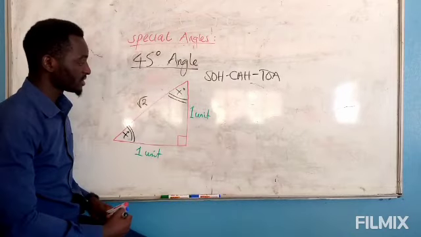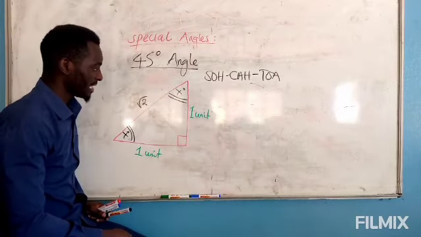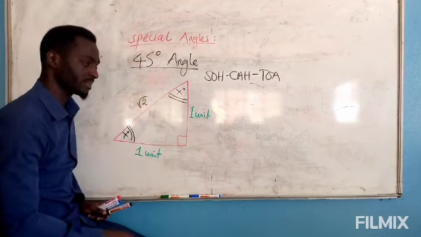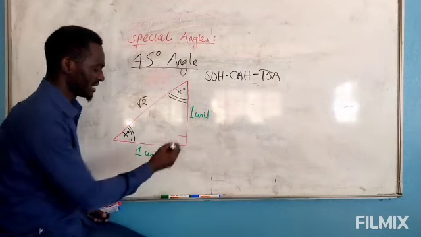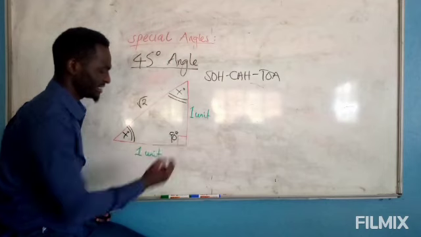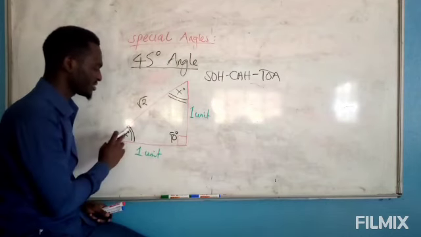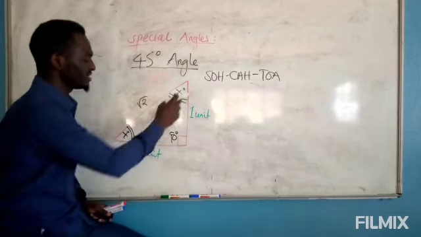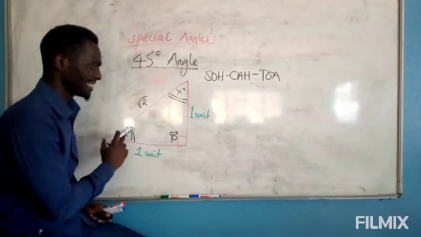So what I'm going to do is extract these 2 angles. I know that this angle here is 90 degrees, but how do I get these 2? I know that these 2 angles are the same.